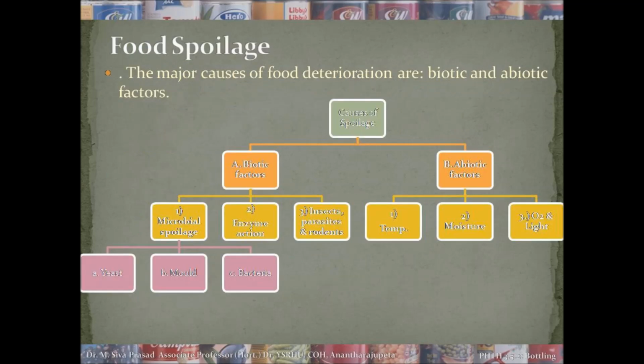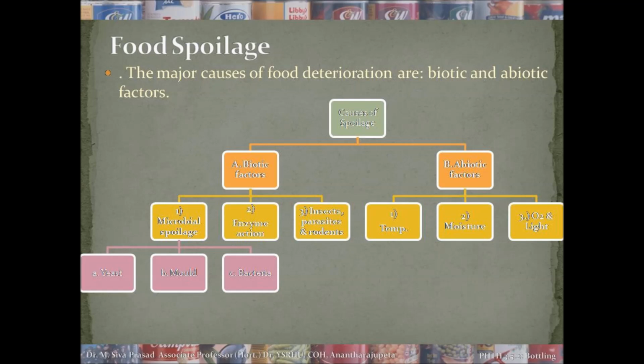So we know that canned foods will be spoiled because of various causes. These causes can be broadly classified into two basic reasons: biotic factors and abiotic factors.